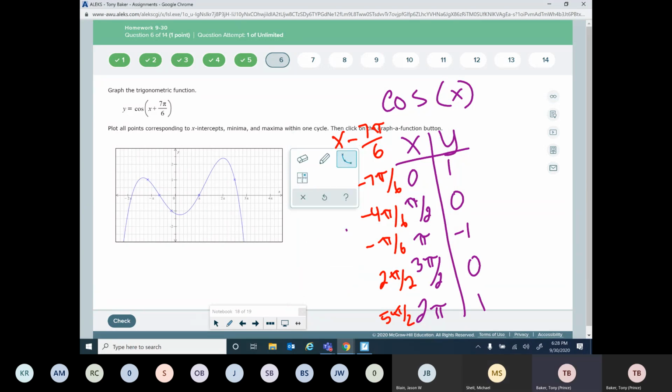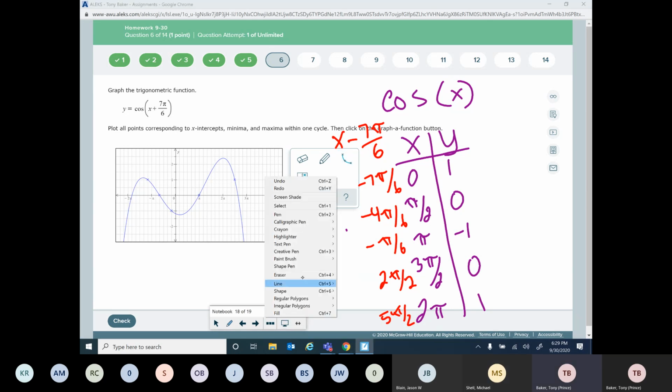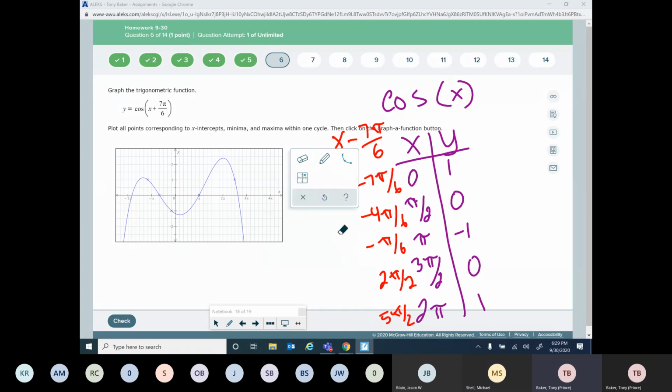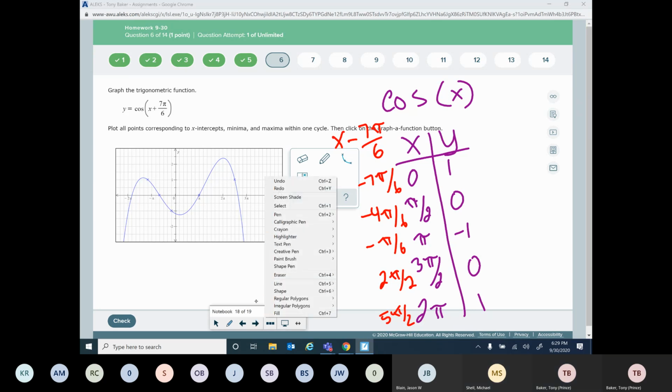And then we graph it, and something's wrong. So this is a perfect example of when you graph something and something doesn't work out right. So let's see. I did one of my subtractions wrong. 12, that's 5 pi. All right, who can find my mistake? So that's negative 7.